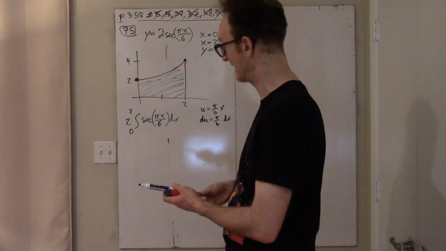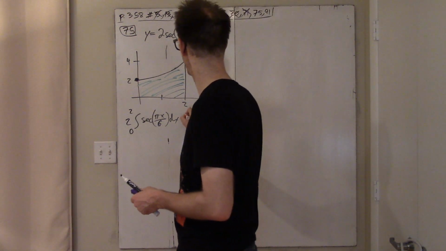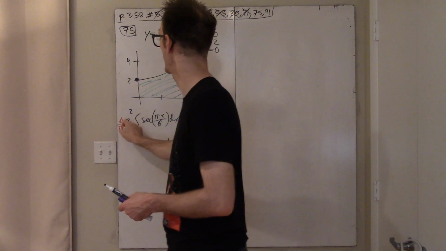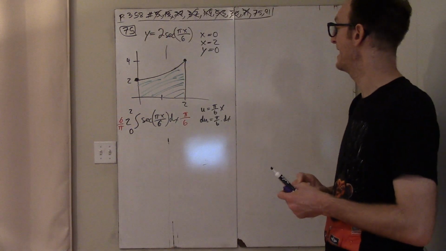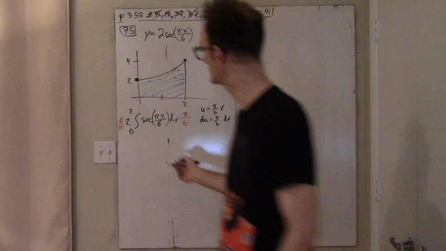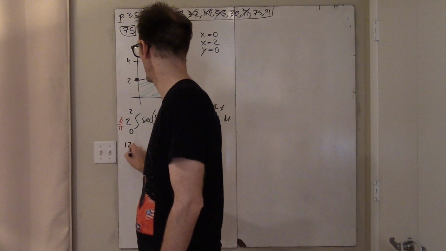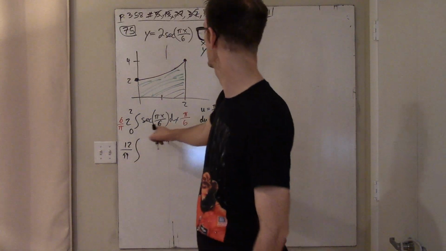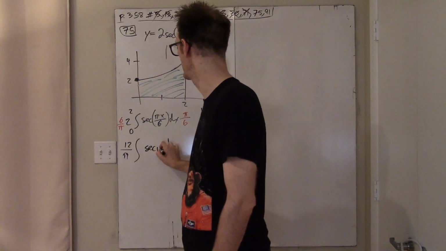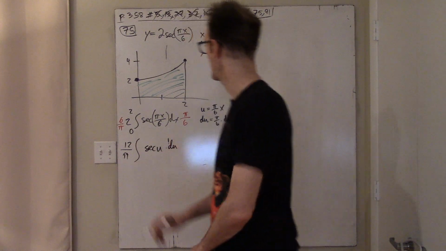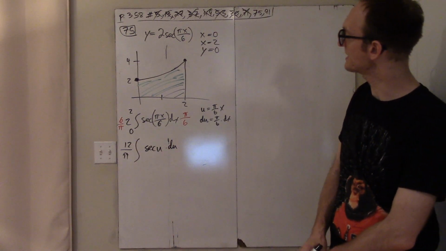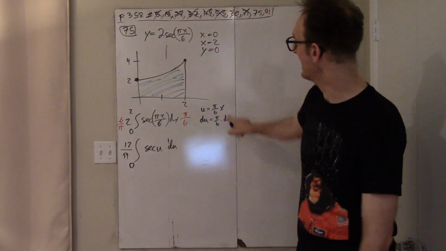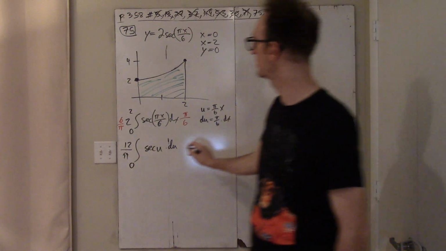And so I need there to be a pi over 6 in there, so I put a 6 over pi on the outside. And thus, what I really get here is 12 over pi times secant u du. And I'm going to change my limits as I go. So when x is 0, u is 0. When x is 2, u is pi over 3.